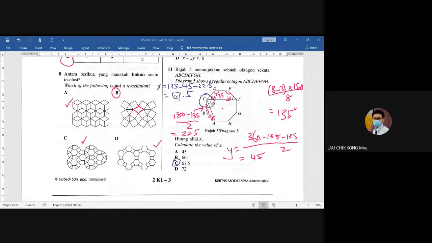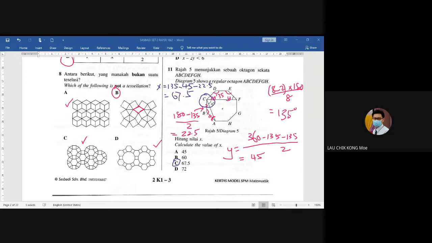Okay, we continue. This is number 11 already. It is already 8:30, so tomorrow morning we will start from 9 to 9:40.